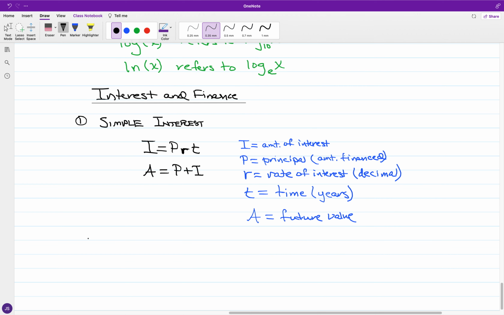So these are just formulas for simple interest. Now, in the case of future value, there is one item, the compound interest formula.